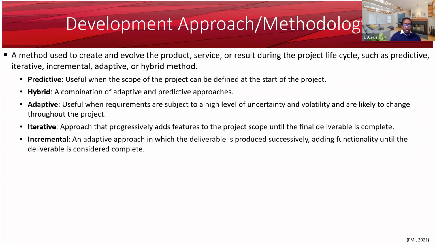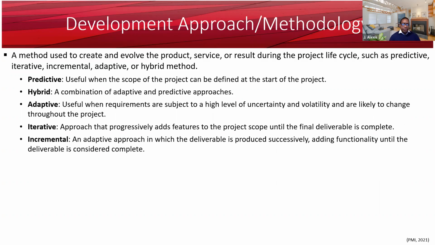A hybrid approach is a combination of adaptive and predictive approaches. An adaptive approach is going to be useful when requirements are subject to a high level of uncertainty and volatility and are likely to change throughout the project life.